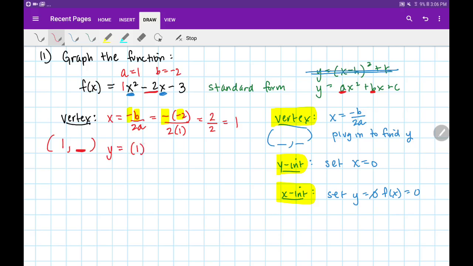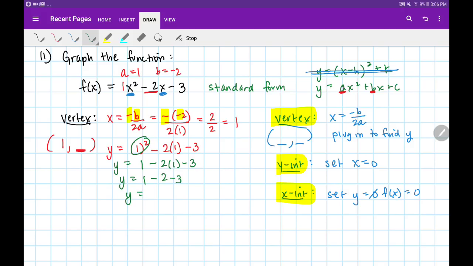That's basically 1 squared minus 2 times 1 minus 3. Okay, order of operations says you're going to do your exponents first. So we'll get y equals 1 minus this. Okay, next we're going to multiply 1 minus 2 minus 3.